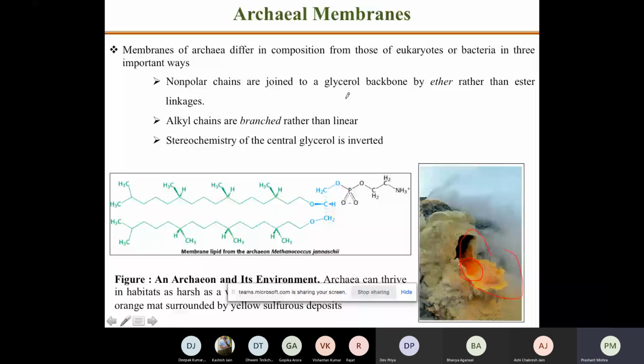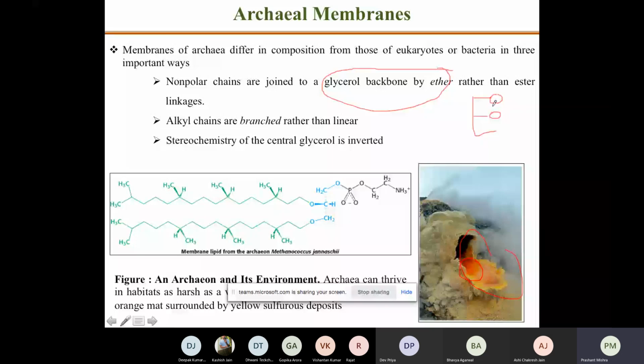The first is their glycerol backbone. We have talked about the phospholipid. In the phospholipid, you have learned that there is a glycerol backbone having 3 OH groups. At position 1 and position 2, the fatty acid is present. What is the kind of interaction between the fatty acid and the OH group of the glycerol?